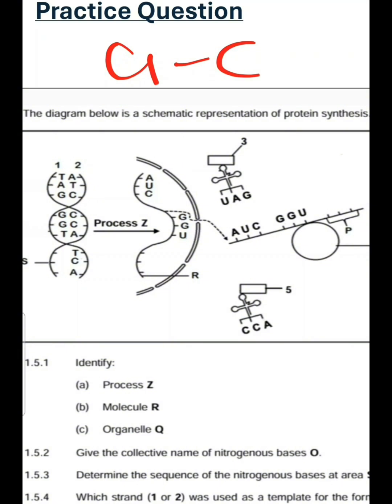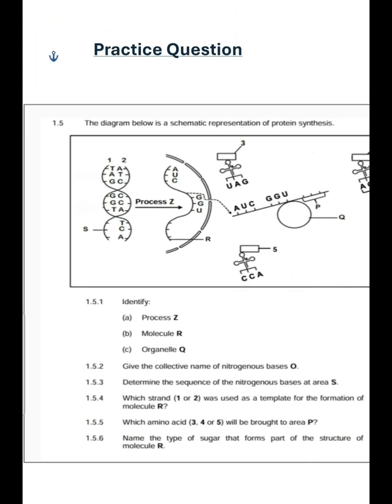So here it's thymine, so that would be A, cytosine, that would be G, and then again that would be A, so that would be T. So the base sequence is A, G, T. Okay, let's move forward.